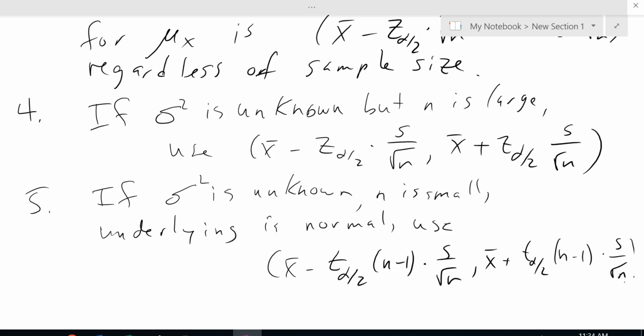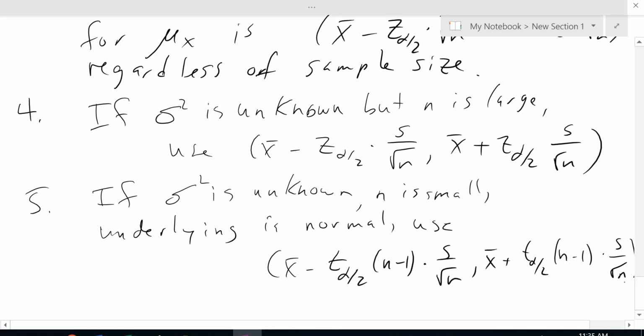If you can't make the additional assumption that the underlying distribution is normal, then you have to use that weird, funky formula for the number of degrees of freedom, and I'm not going to make you memorize that formula for the test. You've got enough formulas to remember. And that was not intuitive at all.